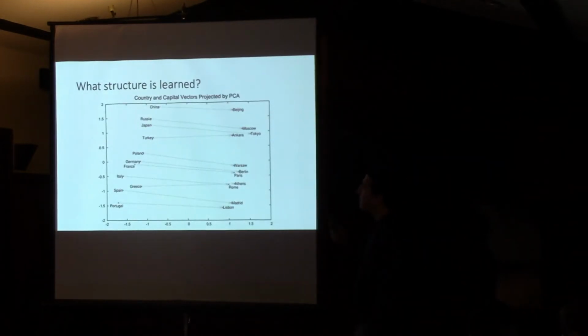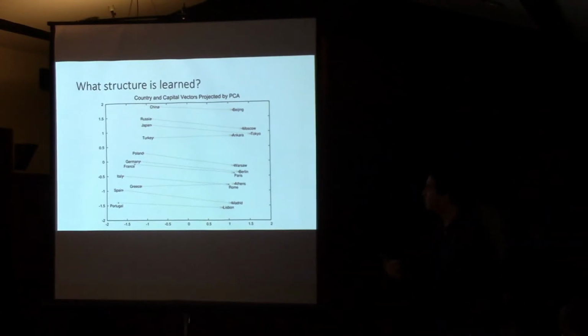So to give a better idea of how vectors are represented, they did PCA on just the country capital words. So they PCA'd that down into two dimensions, and you see the country on the left, right, China, Beijing, and you see an imaginary line connected between them.